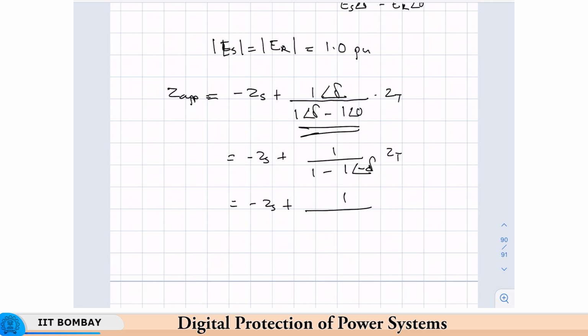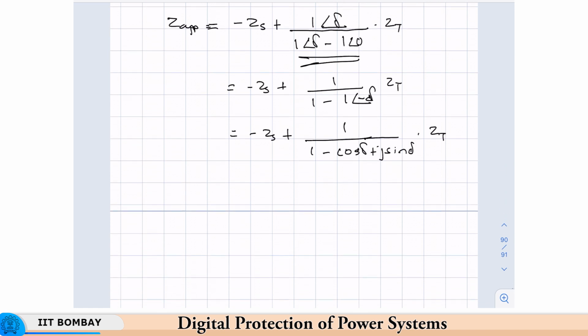which is nothing but minus Z_S plus 1 upon 1 minus (cos delta plus j sin delta), and there is a minus outside. Actually, I have just opened the bracket here, Z_T. Okay.